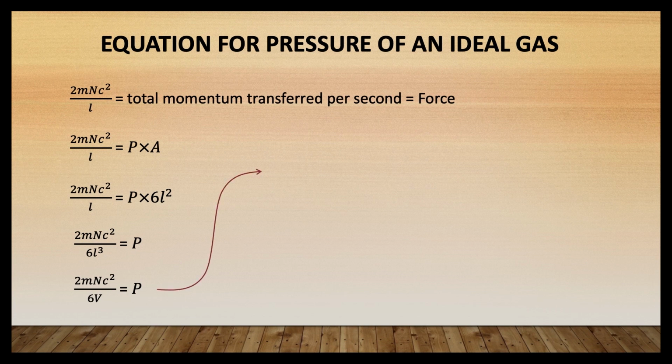So, finally, we can write this equation as PV is equal to 1 by 3 mnc square. That is, PV is equal to 1 by 3 Mc square also, because M here is the molar mass, equal to the mass of one gas molecule into the Avogadro number N. Also, we know that the density of the gas is equal to mass by volume.